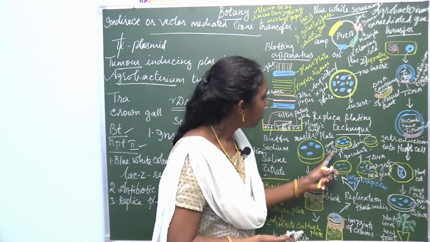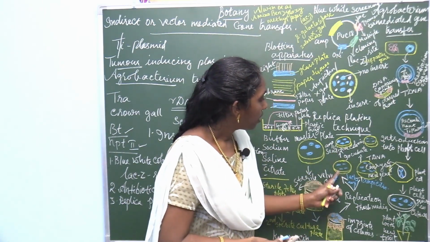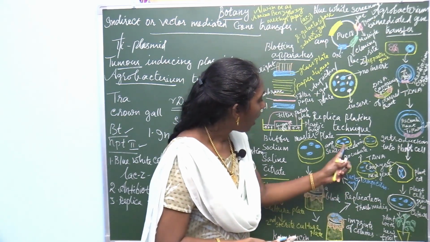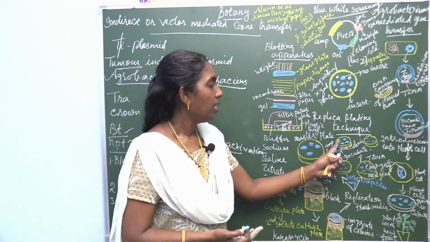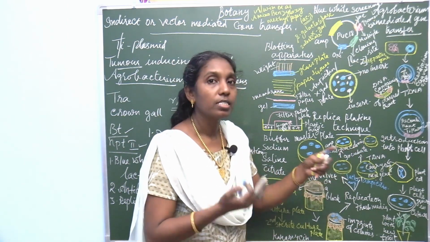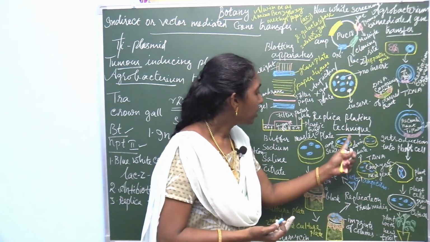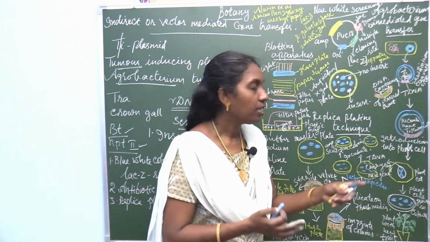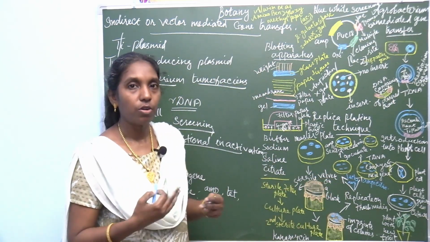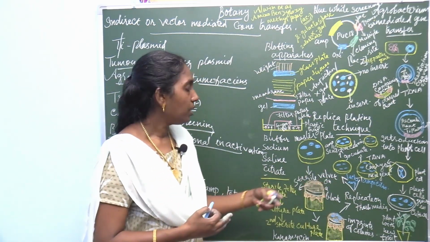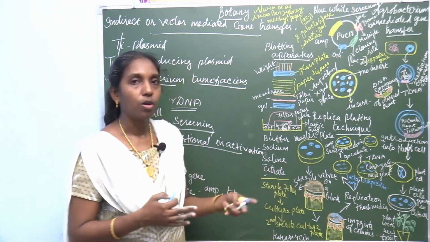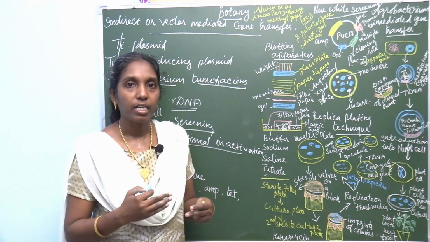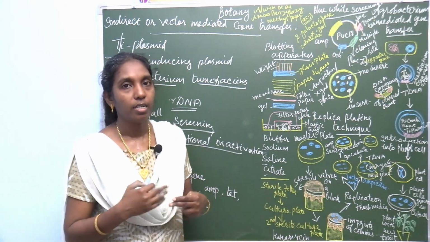After incubation, two different cultures are formed, one with ampicillin-sensitive colonies and another without. This method of transferring colonies is called the replica plating technique.